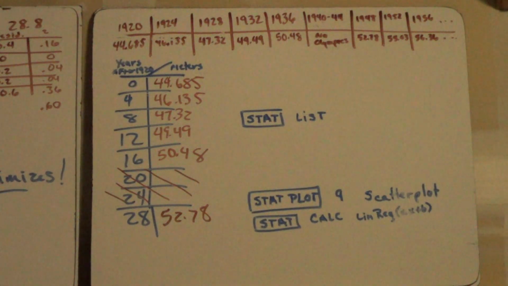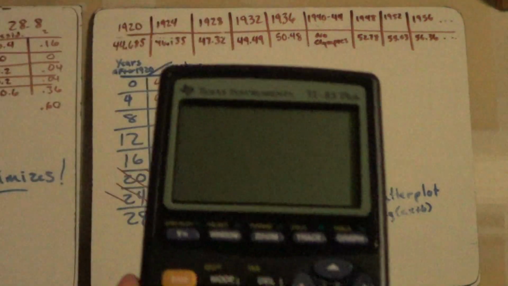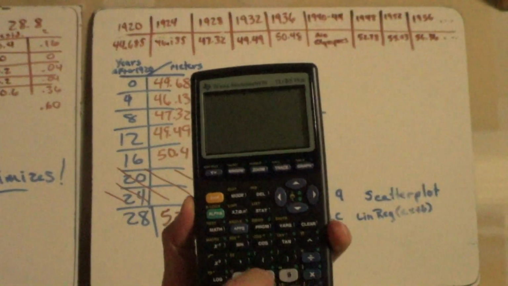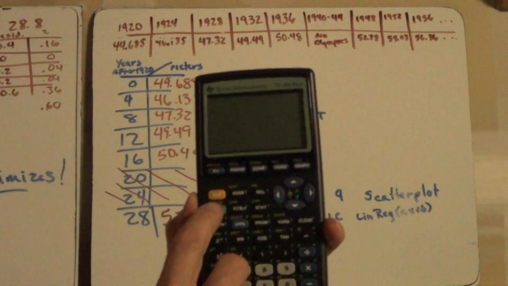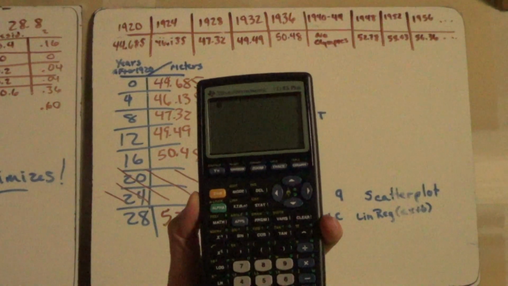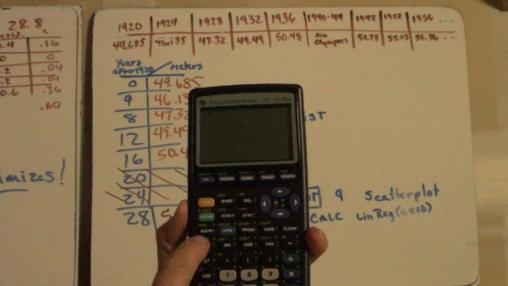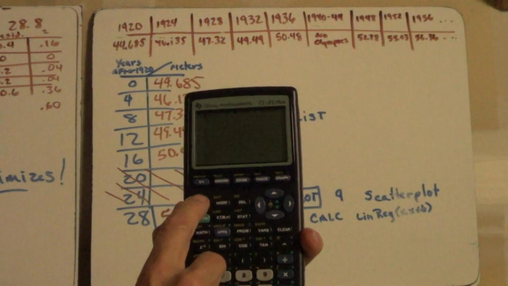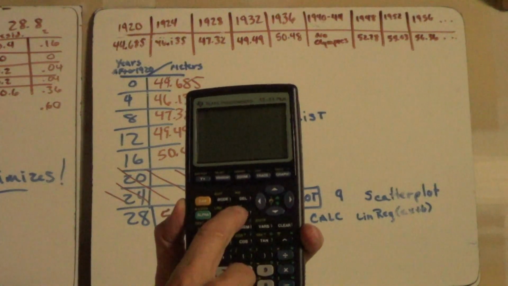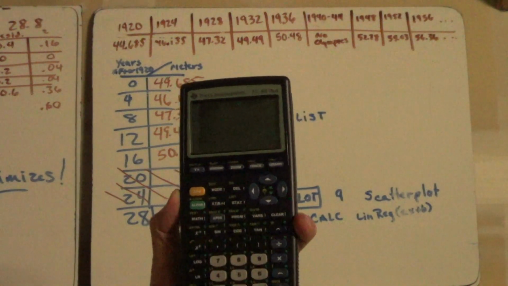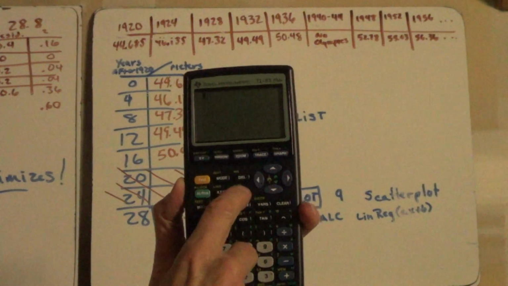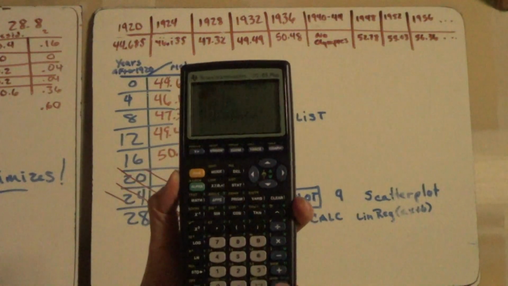Okay, now you're going to do this on the calculator. So let me explain. Let me see if I have a good distance here. Right about there. Okay, so what you're going to do here is you're going to turn it on first of all, and then you're going to go to, let me see, second list. Nope, actually, clear. Go stat and go edit.